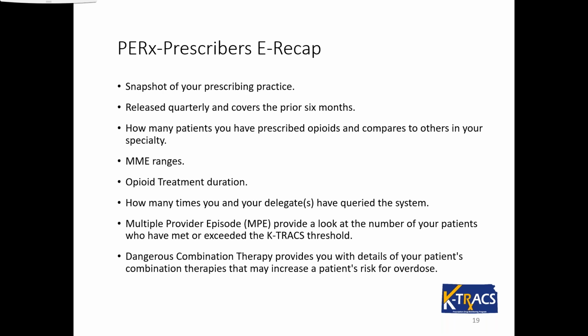What I really like to show people is it tells how many multiple provider episodes, AKA drug shoppers, however you categorize those, that you have, the possible ones you could have. Also, it shows the dangerous combination of therapies, benzos and opioid combinations. Next slide, please.